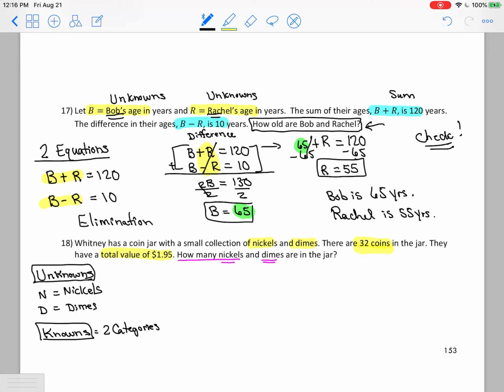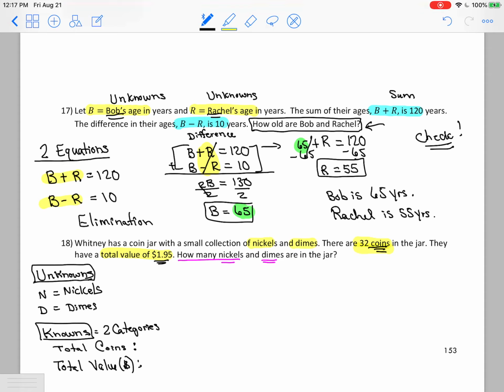So we go back up to the problem and we can see we have this total number of coins and then we also have a money value, don't we? So let's list our two categories: total coins, and total value, which of course is in terms of money.